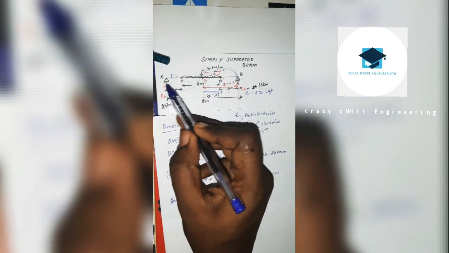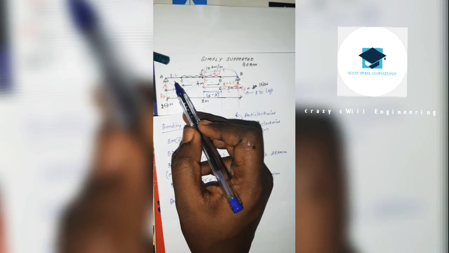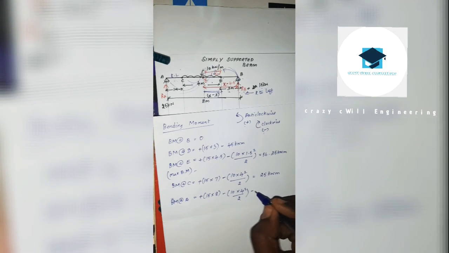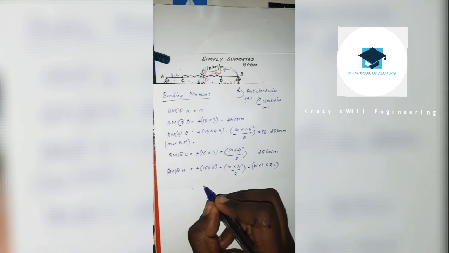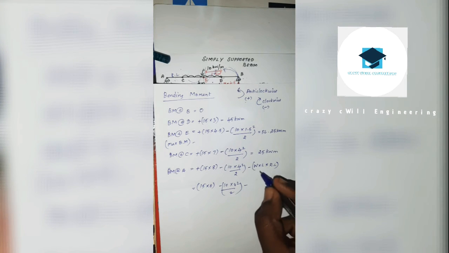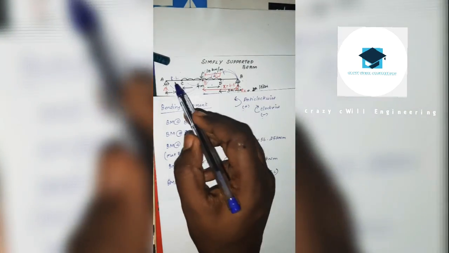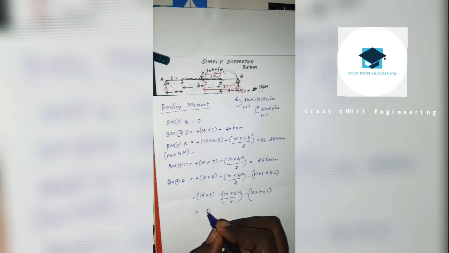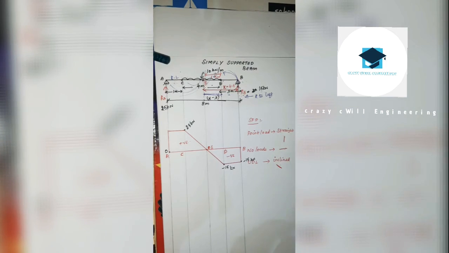Again here some remaining length is there, so due to this UDL some moment is also created, so we have to write W into L into remaining length. 15 into 8 minus 10 into 4 square by 2 minus W is 10 into the UDL length 4 meter, the remaining length is 1, equal to 0. Do you understand? Now going to draw the bending moment diagram.